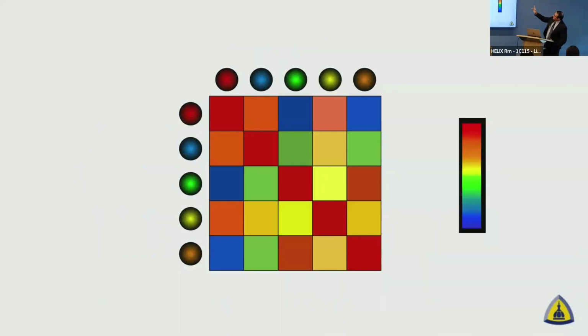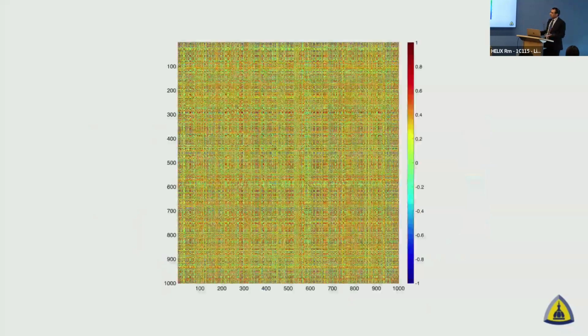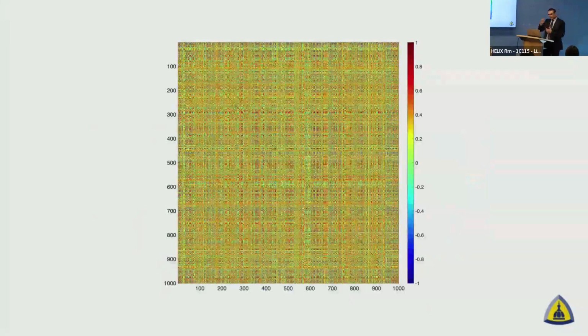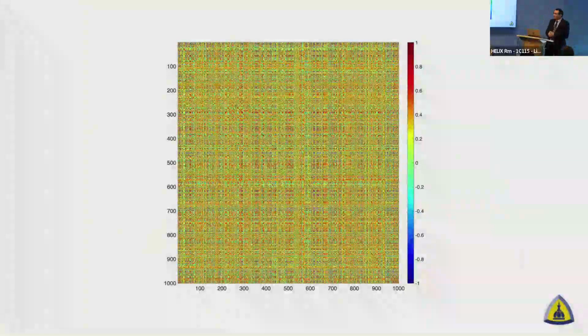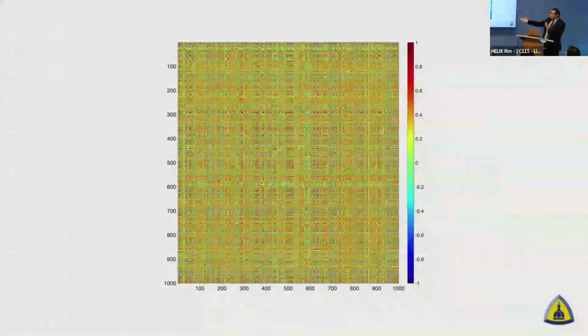My colors, sorry. So red, blue, and yellow may be a little bit more synchronized overall compared to red and orange and green. And you can do this with the entire brain. Instead of 5 regions of interest, in this case, we took 1,000, which ends up being a pretty small region of interest. And you end up with this beautiful picture.